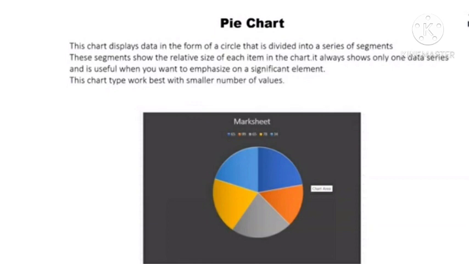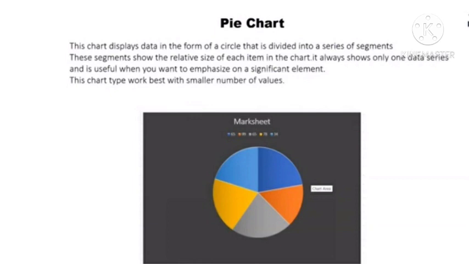These segments show the relative size of each item in the chart. It always shows only one data series and is useful when you want to emphasize on a significant element. This chart type works best with smaller number of values. So pie chart is used when there is a smaller number of values and it shows the what, children?